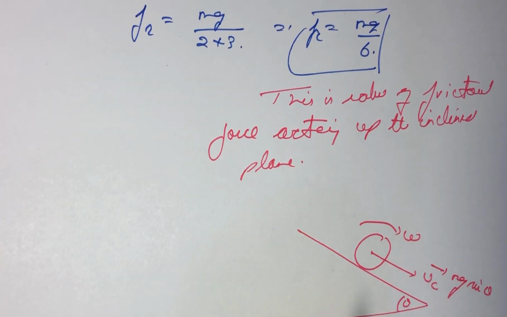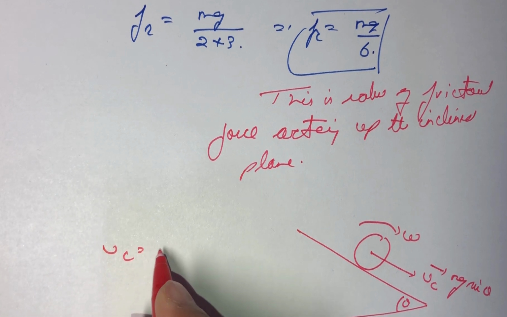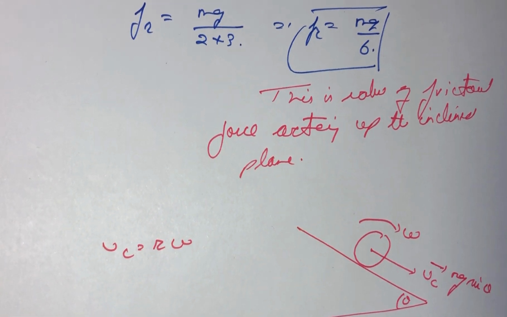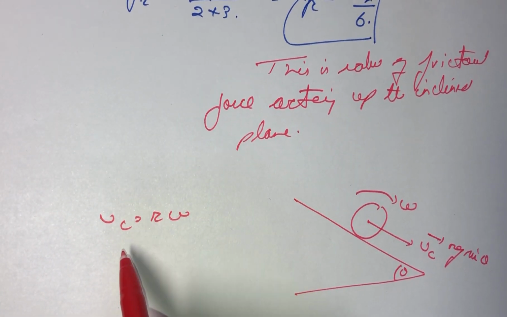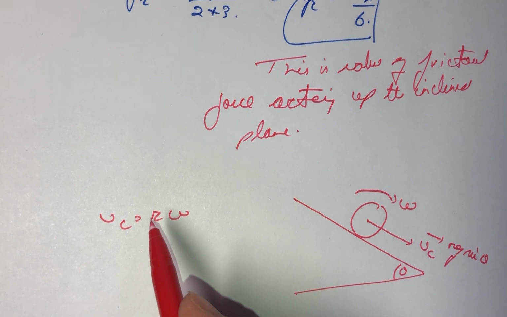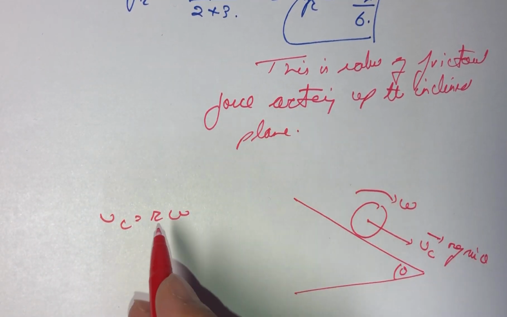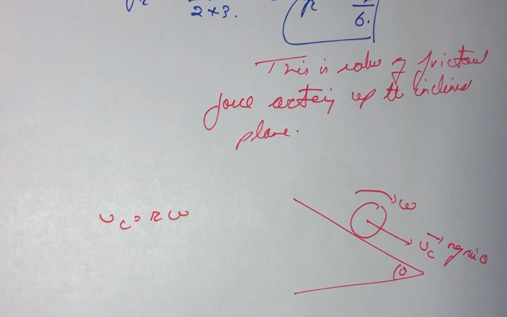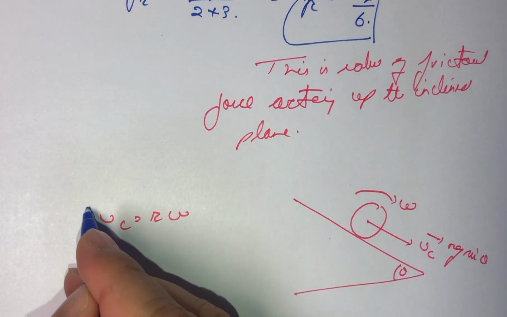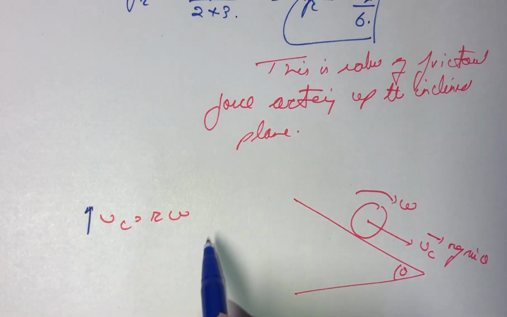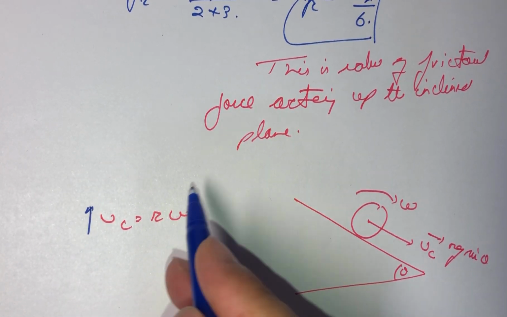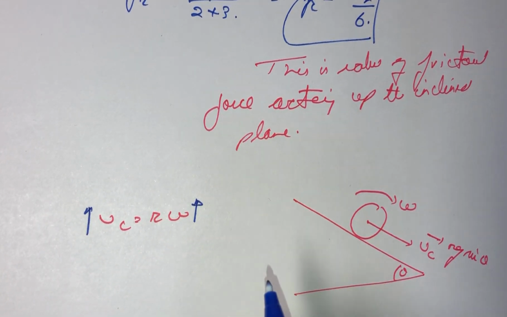So here Vc, which is equal to r omega, where r is the radius, Vc is going to increase as the radius is constant. So automatically, in order to maintain the sanity of this equation, the omega is also going to increase.